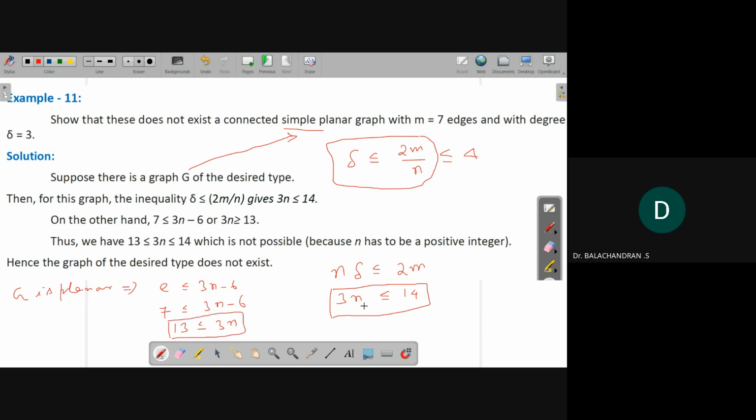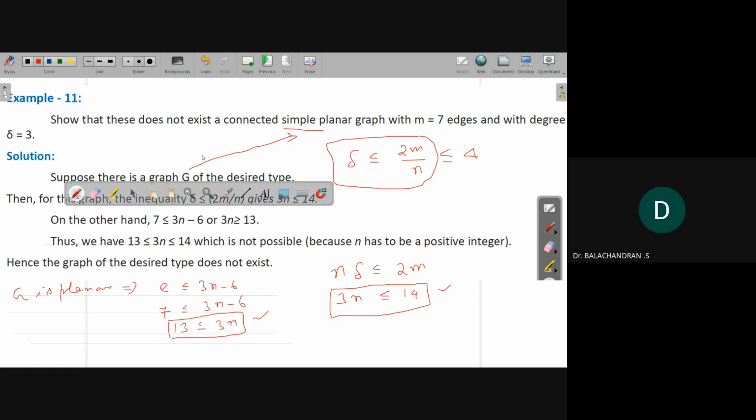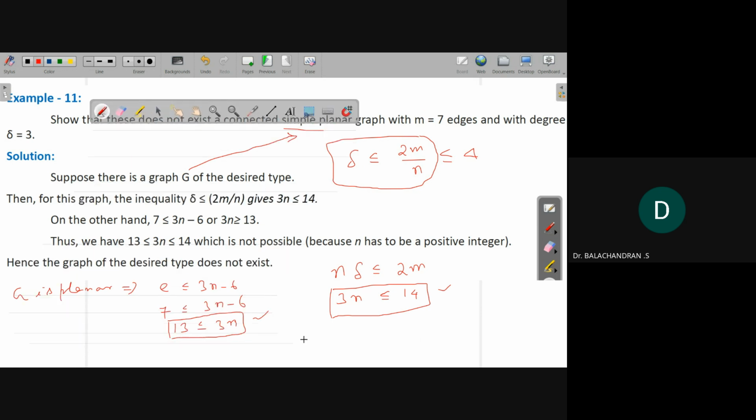Now there are two observations, so I combine them. 13 is less than or equal to 3n, and 3n is less than or equal to 14. This is not possible. Why? We know that n is a positive integer, but you need to find a positive integer such that 3n lies between 13 and 14.